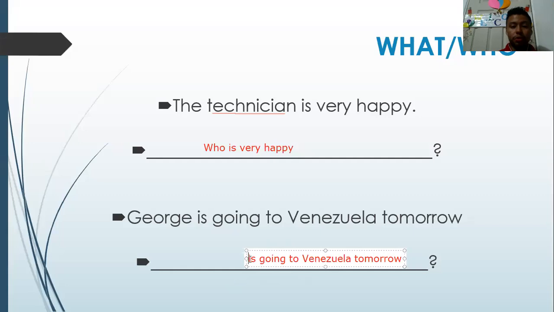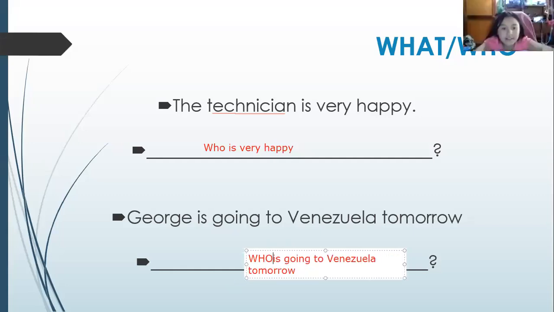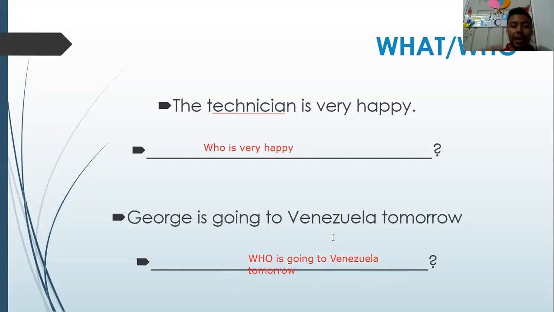Exactly. So we need to write again. For a person, George, we use who. Amazing. Who is for people, for a person. And what is for emotions or things, objects. So this is the illustration.